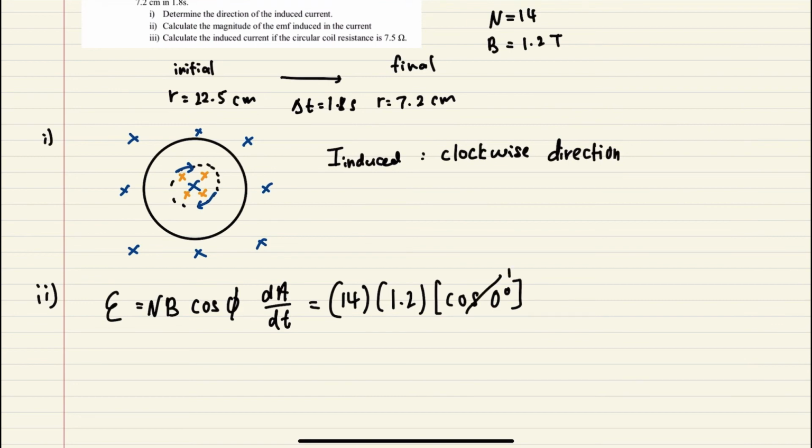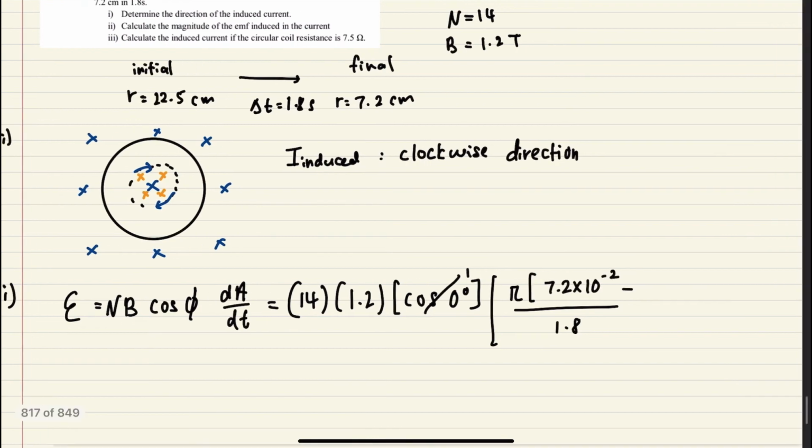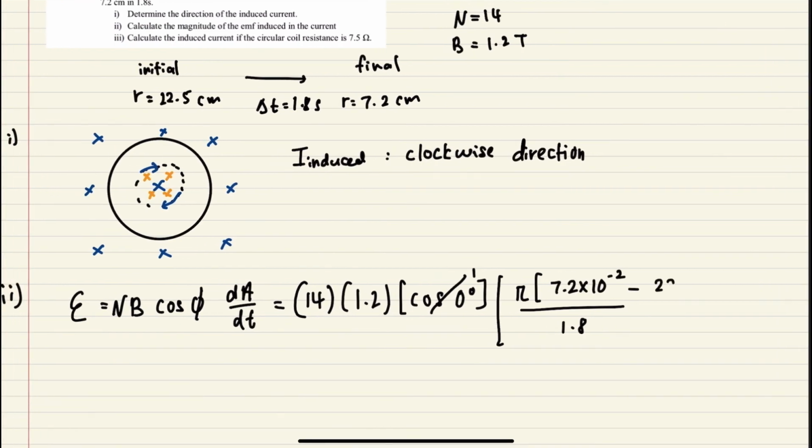Okay, and then it will be A final minus A initial, which is π r final squared minus r initial squared over 1.8 seconds. R final is 7.2 times 10 to the negative 2 minus 22.5 times 10 to the negative 2. But remember, this one you have to take the square. Maybe it's best if you calculate separately.